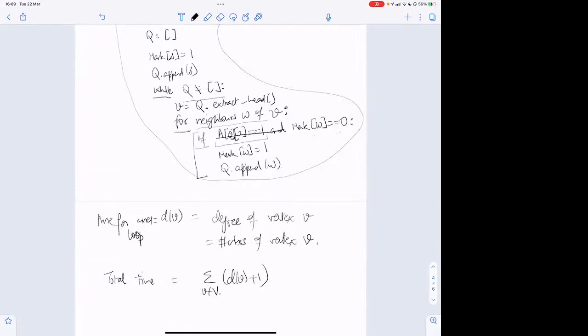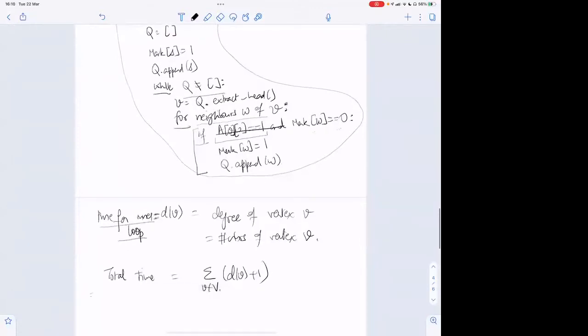So could you, what have you written? I've written time for inner loop is equal to dv, and total time, which is the time for the outer loop, is equal to summation of dv plus 1.